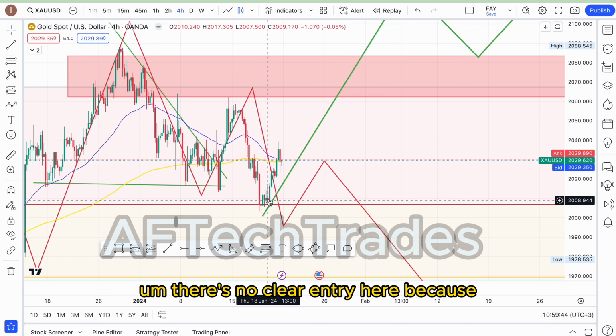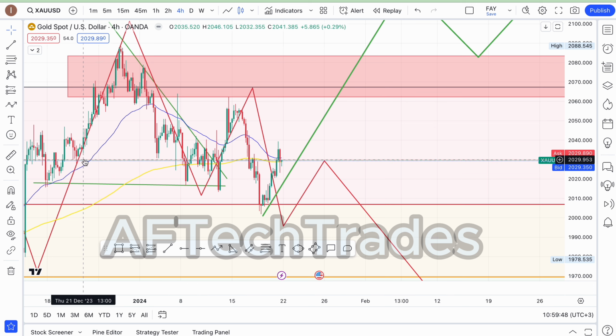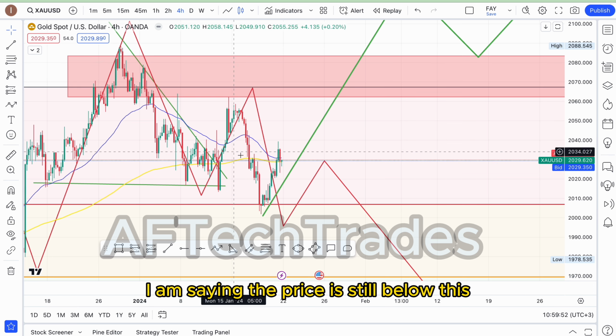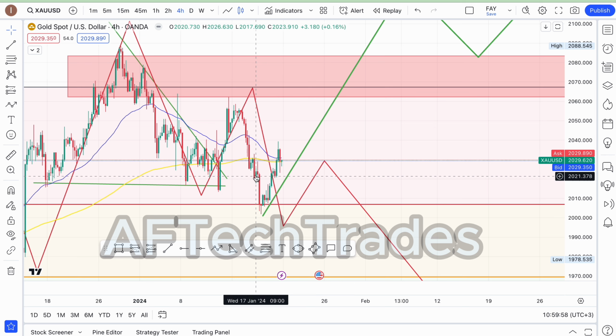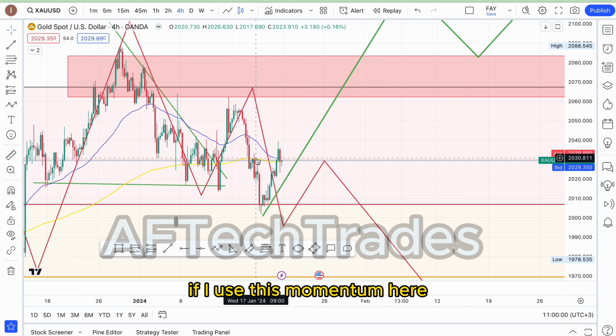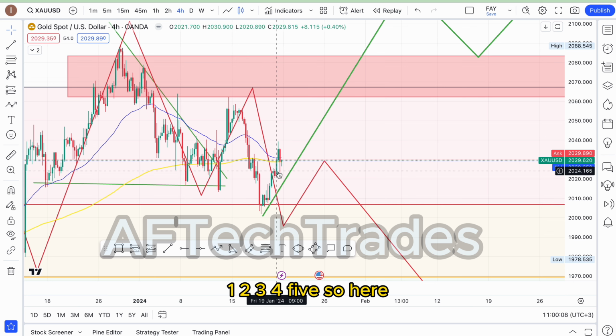There is no clear entry here because I am seeing the price is still below this, which is a sell. If I use this momentum here, we have one here, we have one here, 1 2 3, 1 2 3 4 5.